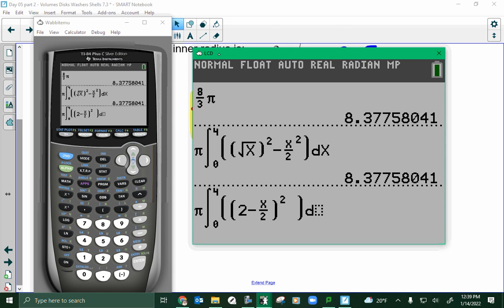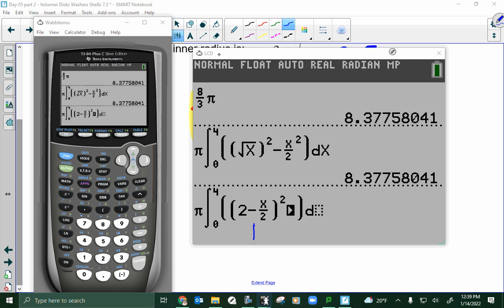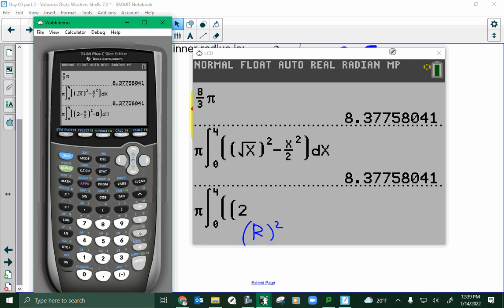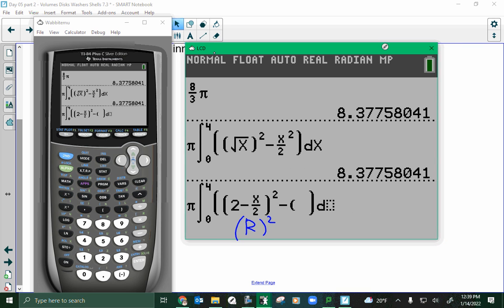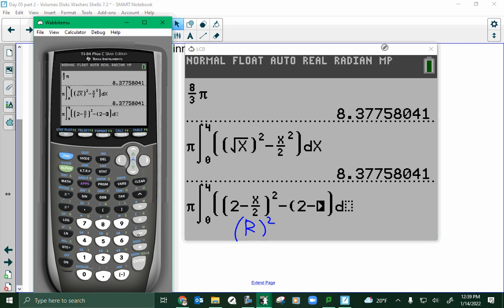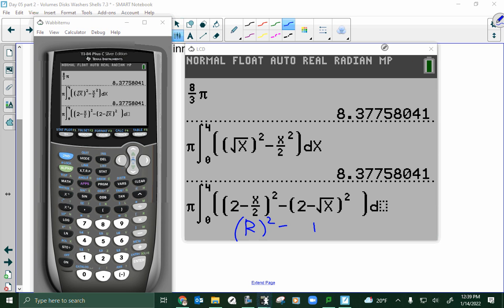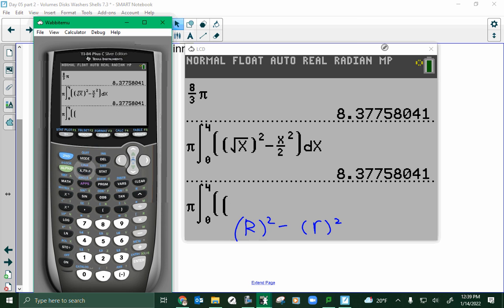That is my big radius, squared. Minus, parenthesis, 2 minus the square root of x, parenthesis, square it. That is my smaller radius squared, dx.